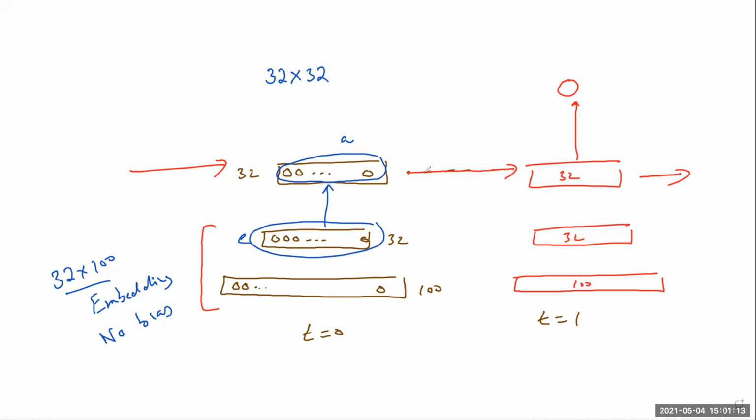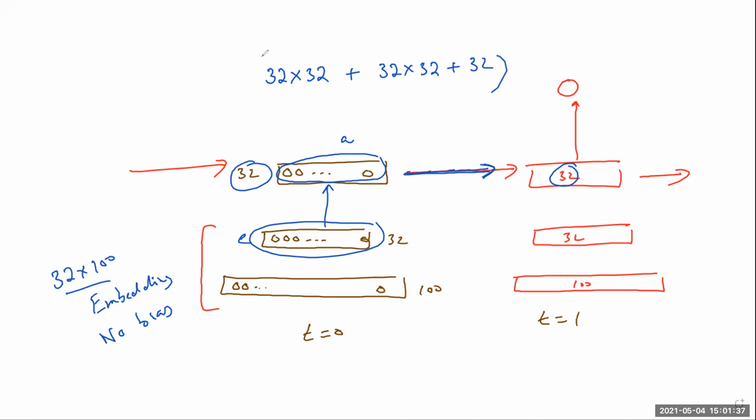You also have an arrow on this layer, the horizontal one. You have 32 neurons here and 32 in the next timestamp, so you also have 32 into 32. And since this is not an embedding layer, we have biases. How many biases? 32 neurons, so 32 biases.